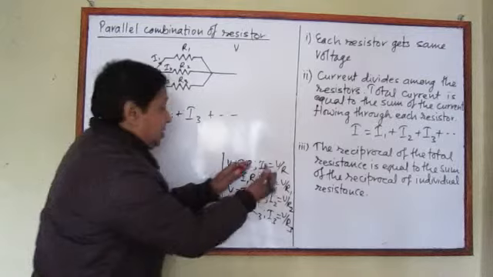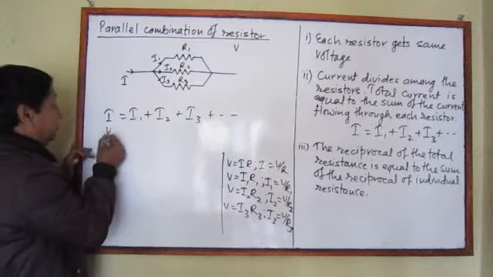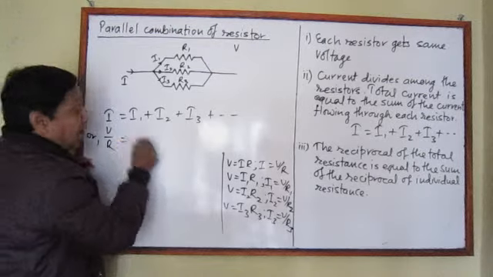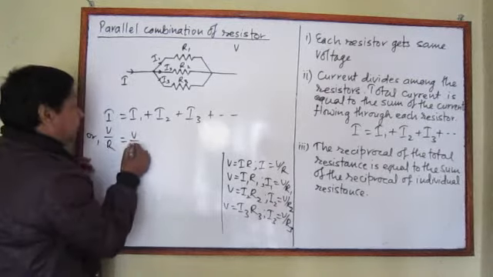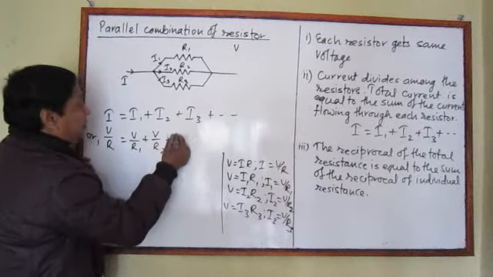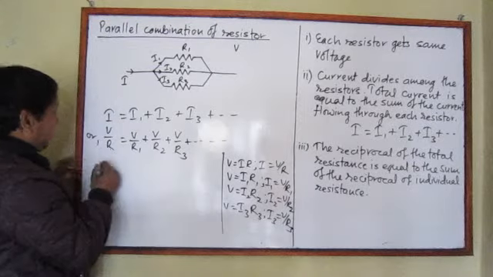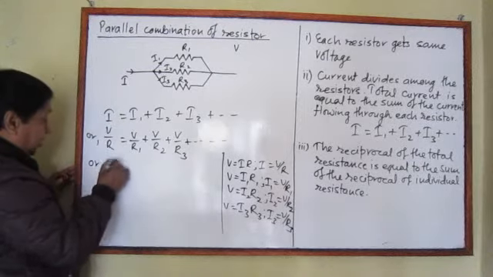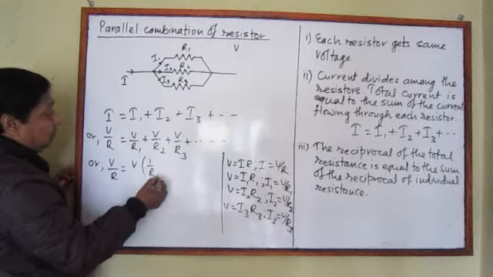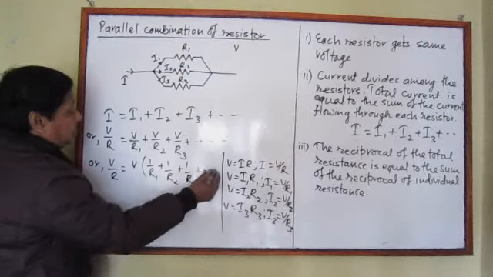Now I want to put these values here. In place of I, I want to put V by R. In the same way, I1 equals V by R1, I2 equals V by R2, I3 equals V by R3, and if there are others we can write them too. Now if V is taken as common on the right-hand side, we'll have 1 by R1 plus 1 by R2 plus 1 by R3 and so on.